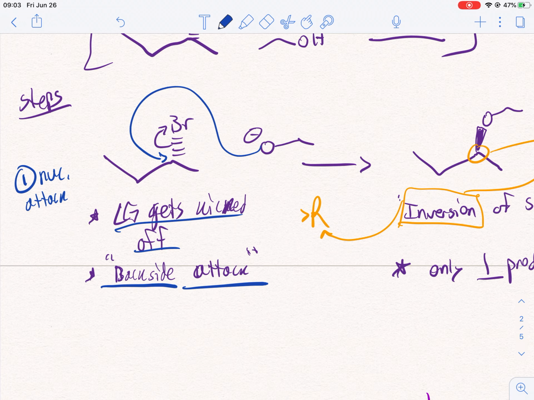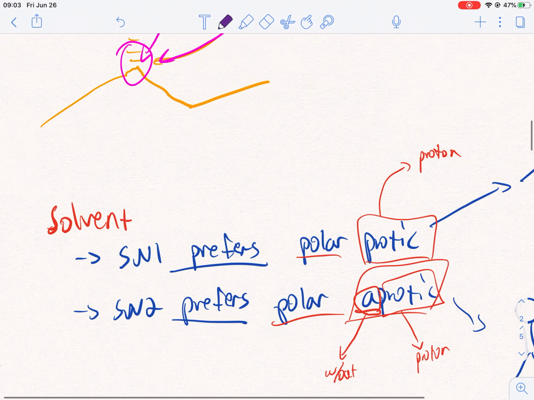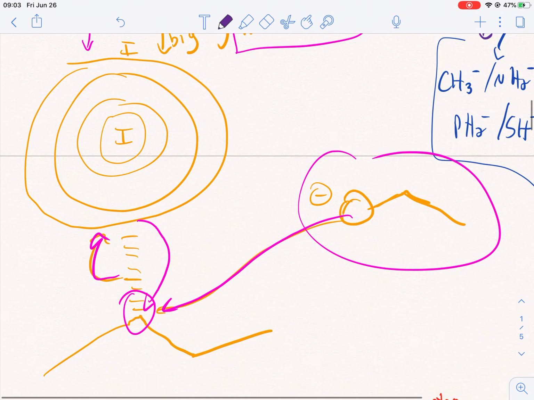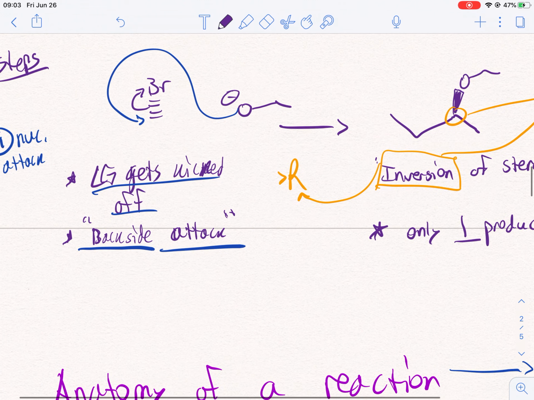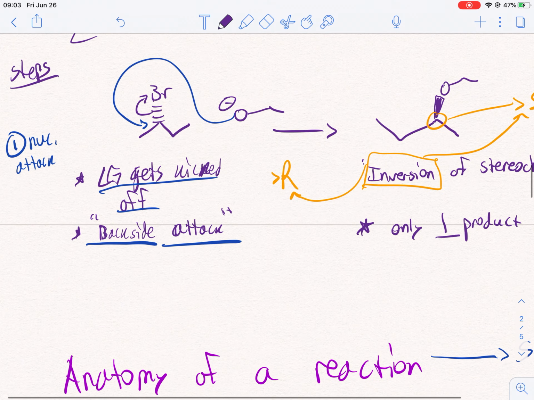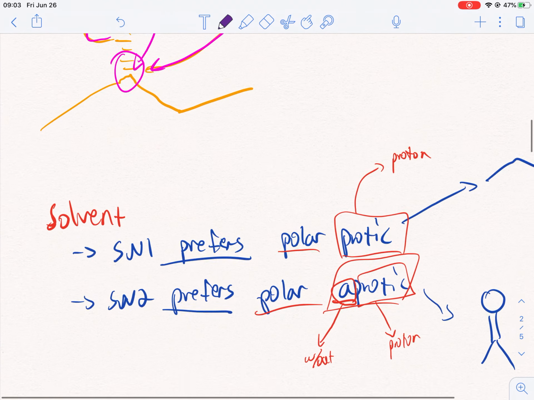Okay, there it is. Backside attack. Okay. Hold on, just gonna make sure it's the same thing. Yep, there it is. Okay, awesome.